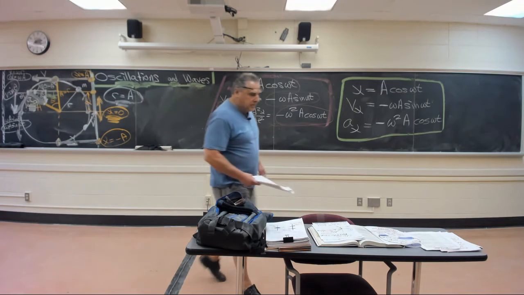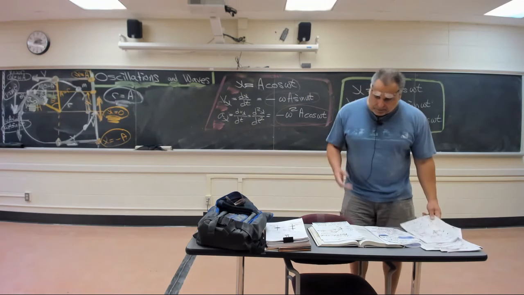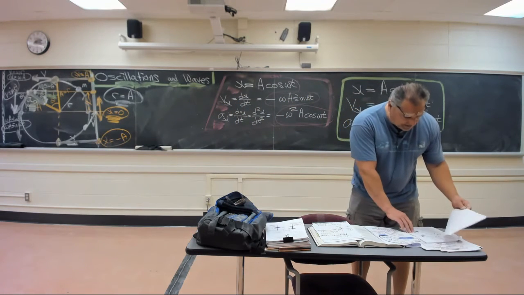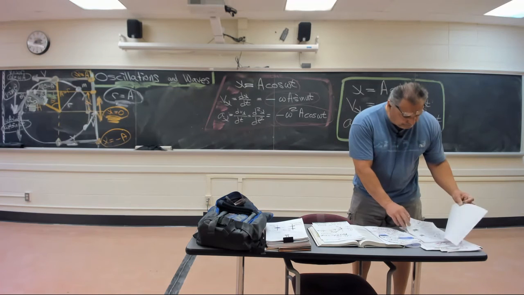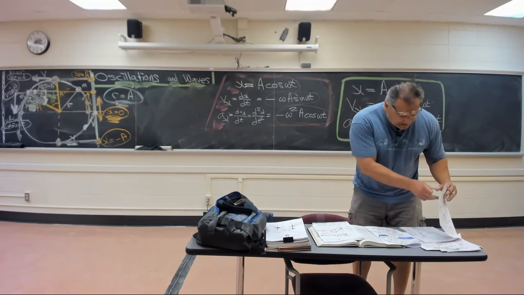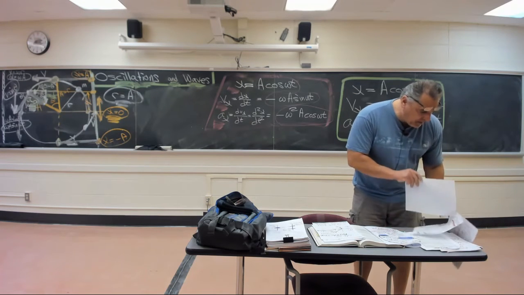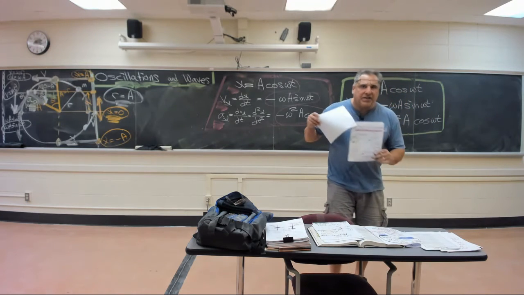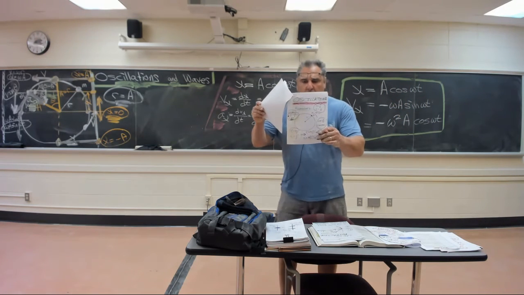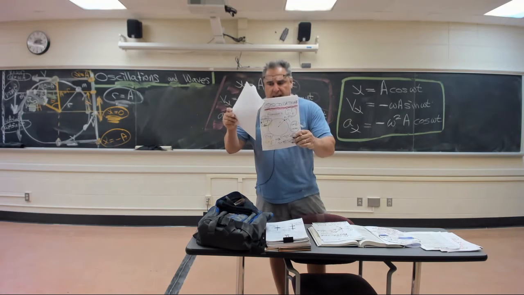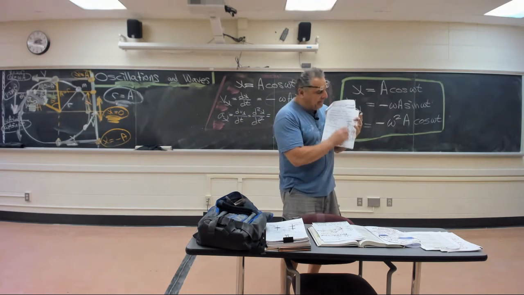I guess there are bigger stories than that, you could say. We talked about it, and in my notes pertaining to oscillations that I have in Canvas, I also do one where I have a spring.